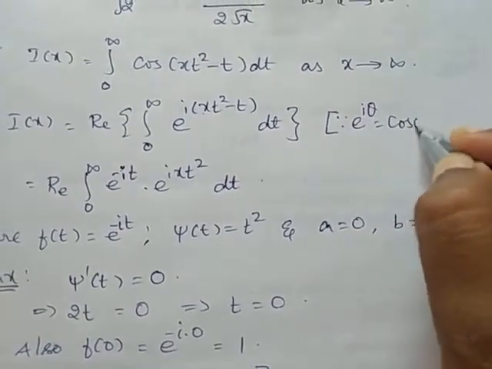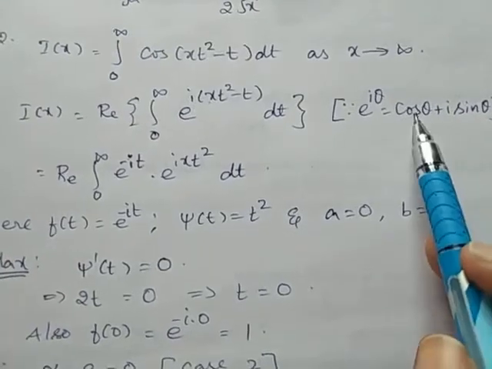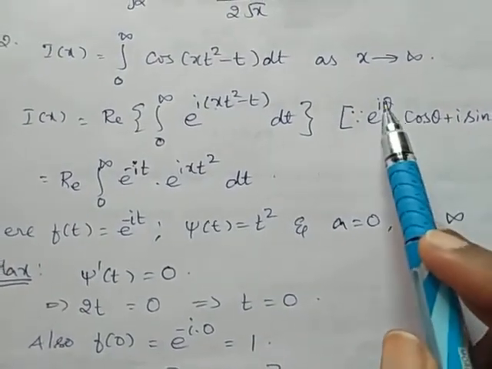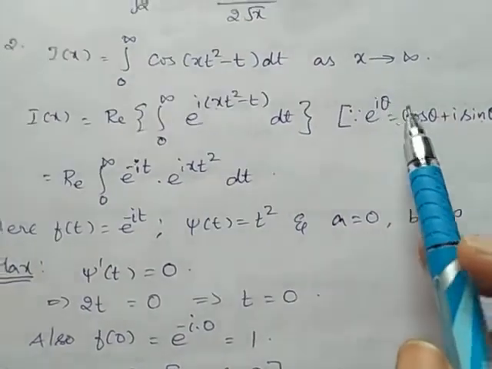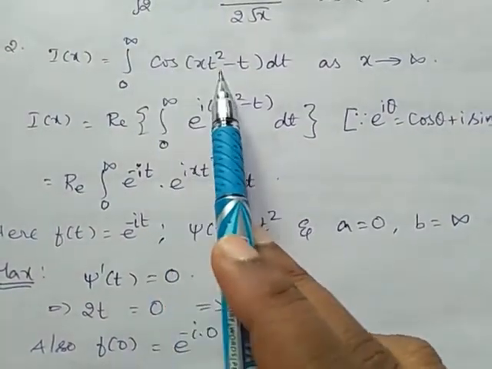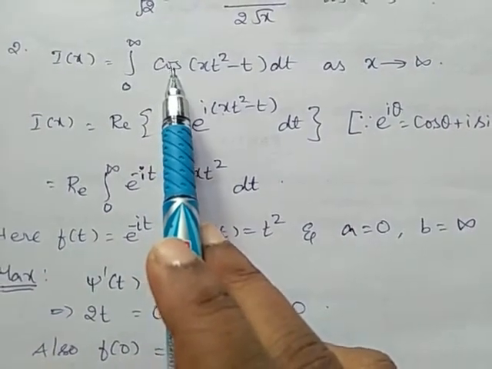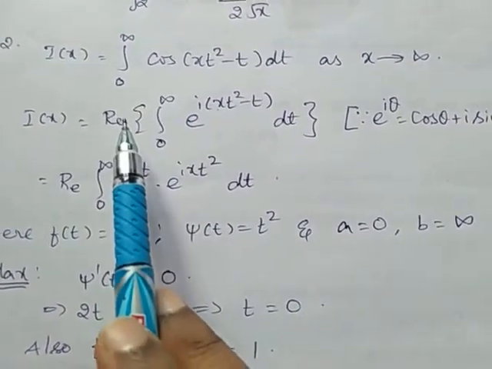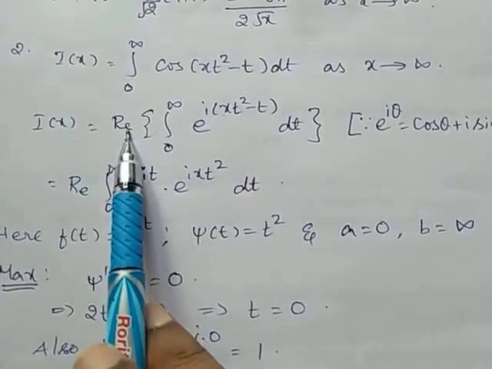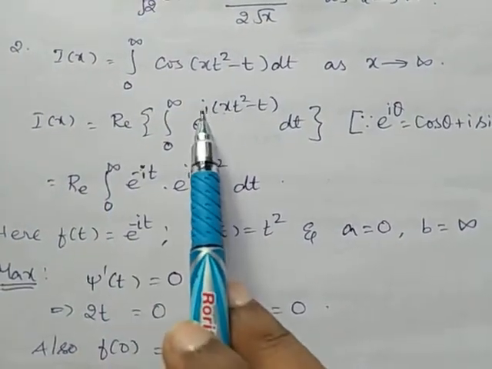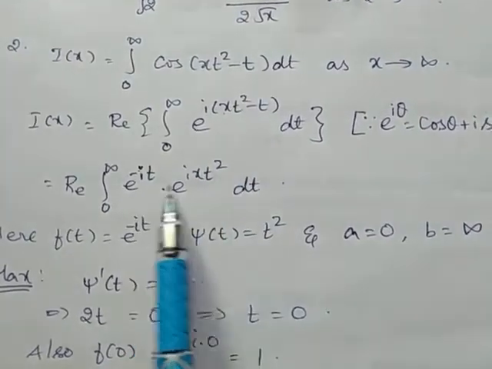Cos theta plus i sin theta. So cos theta is the real part of e power i theta, and sin theta is the imaginary part of e power i theta. Therefore, when I have cos theta, I consider the real part. If I have sin theta, I will consider the imaginary part. So cos theta we can write as the real part of e power i x (t square minus t). Just by splitting this, I'll get this.